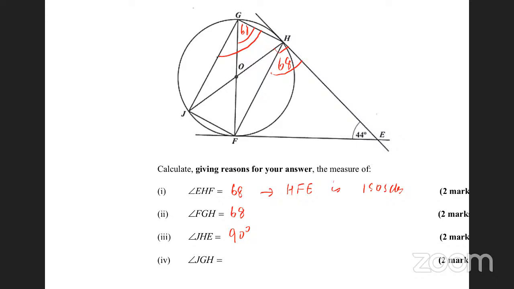It looks like a right angle, but what's the rule? So the answer is yes, it is 90, but what's the rule you're going to write? Angle in a semicircle, right? Because JH is a what? JH is a diameter. You're seeing that, right? Let's go again.